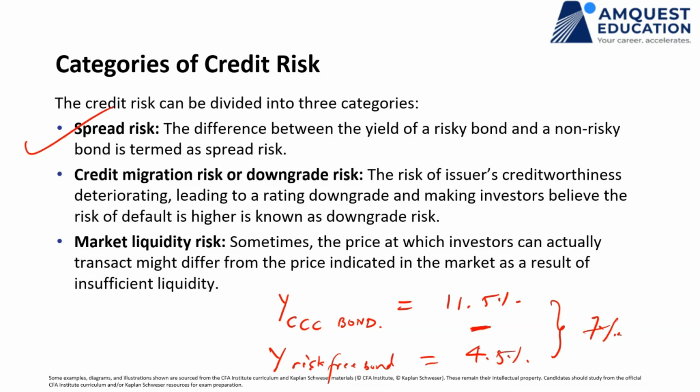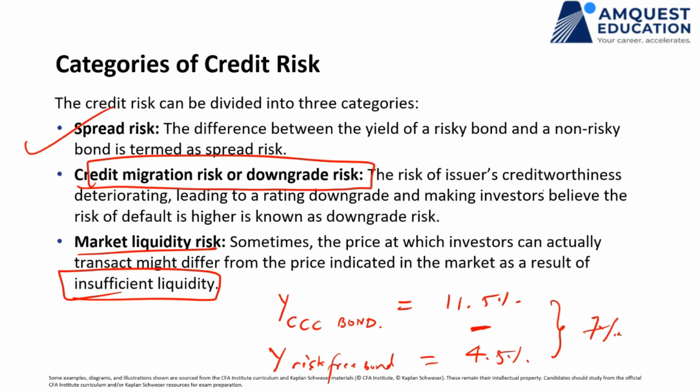And that is called market liquidity risk. Remember, market liquidity risk is purely on account of insufficient liquidity in the market. There are not a lot of buyers and sellers. Credit migration or downgrade risk is more or less due to rating downgrades. And spread risk is based on the riskiness of the bond.